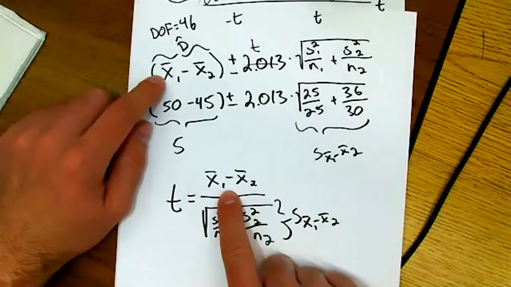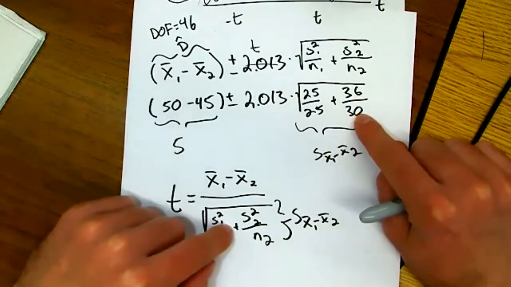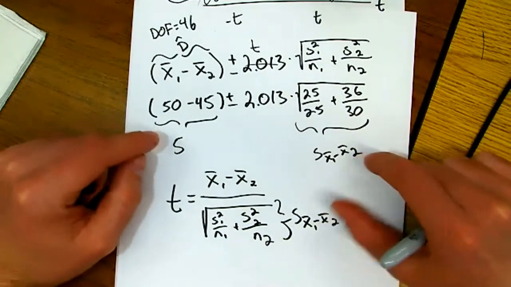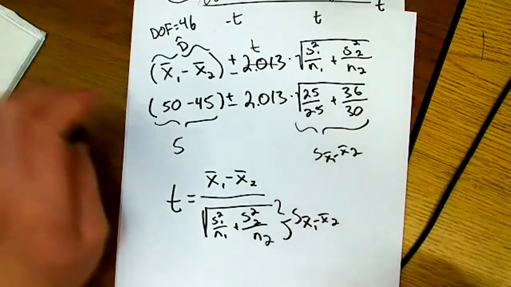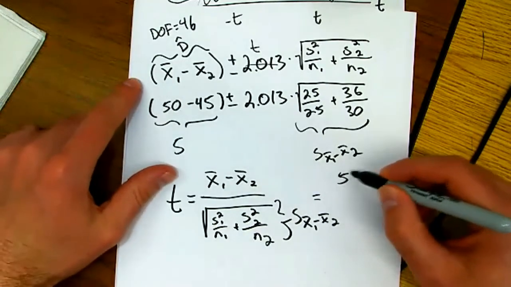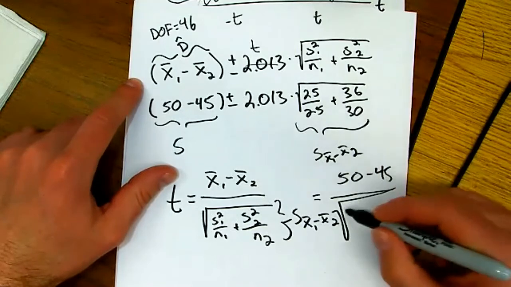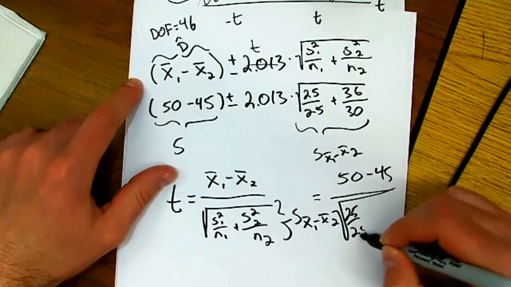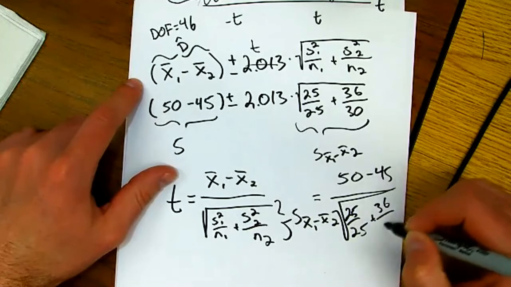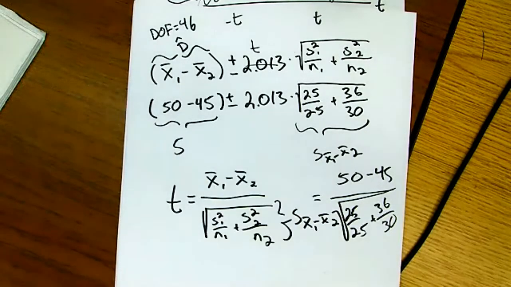That's my numerator in the test statistic, and I want to go this many standard deviations away. Here I need to divide by the standard deviation for the difference in my sample mean. You could plug all my values in here: 50 minus 45 divided by the square root of 25 over 25 plus 36 over 30. It's the same values as I was using for my confidence interval, so it should go pretty quick.